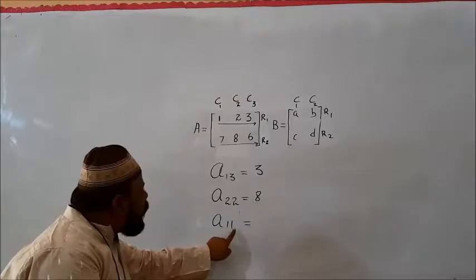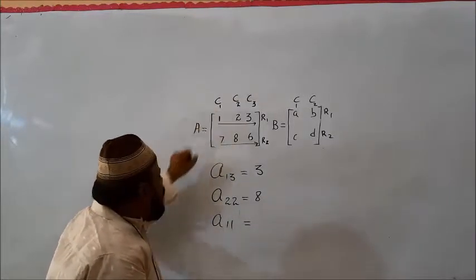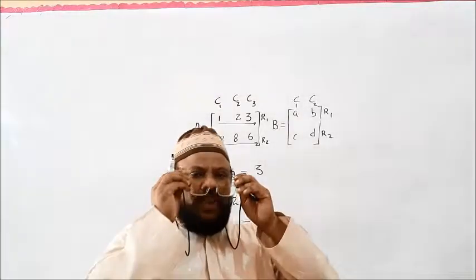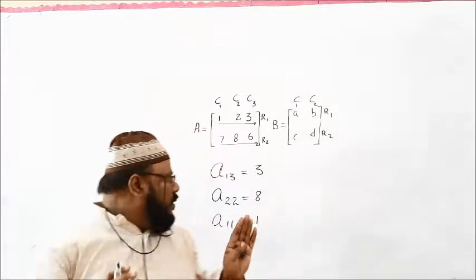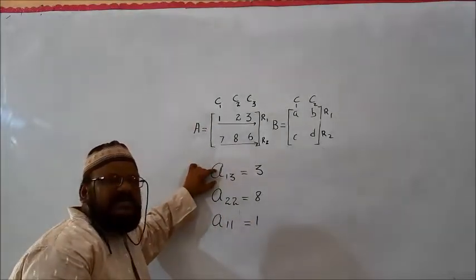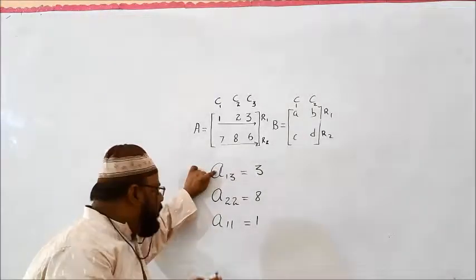Row 1 and column 1. Row 1 and column 1 means 1. It is very easy, not a problem. A means sign of element.